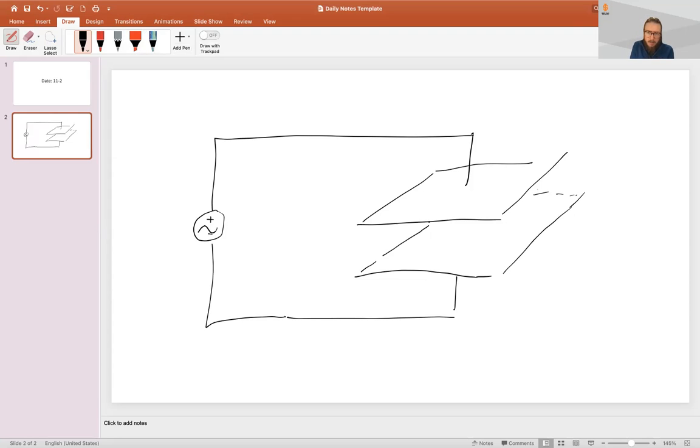Okay, so we've got two large parallel plates like this, and we connect them together to this battery. We can solve for the current here, and you could solve for a current that's here.